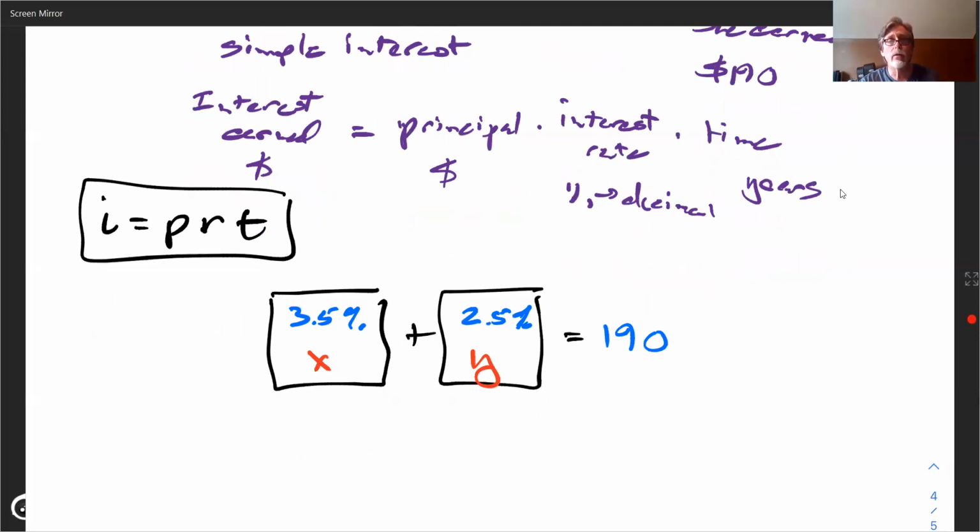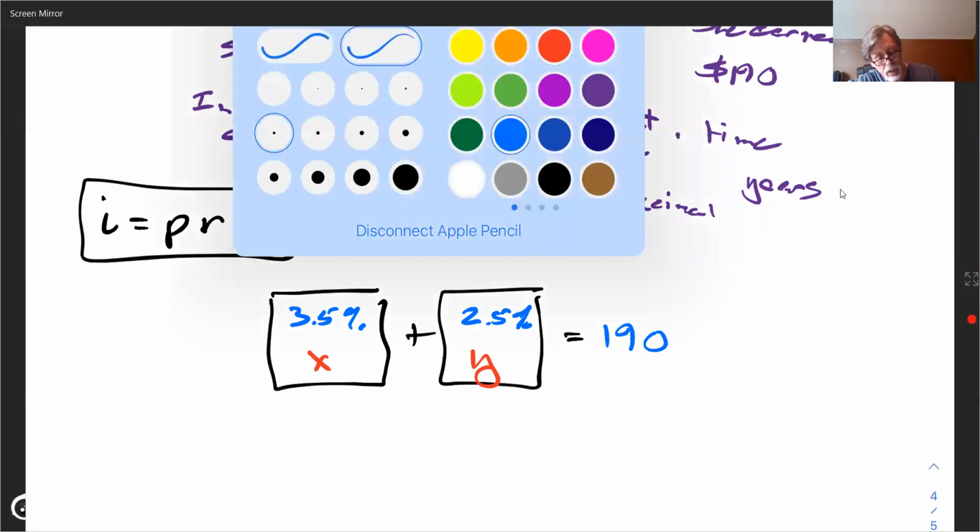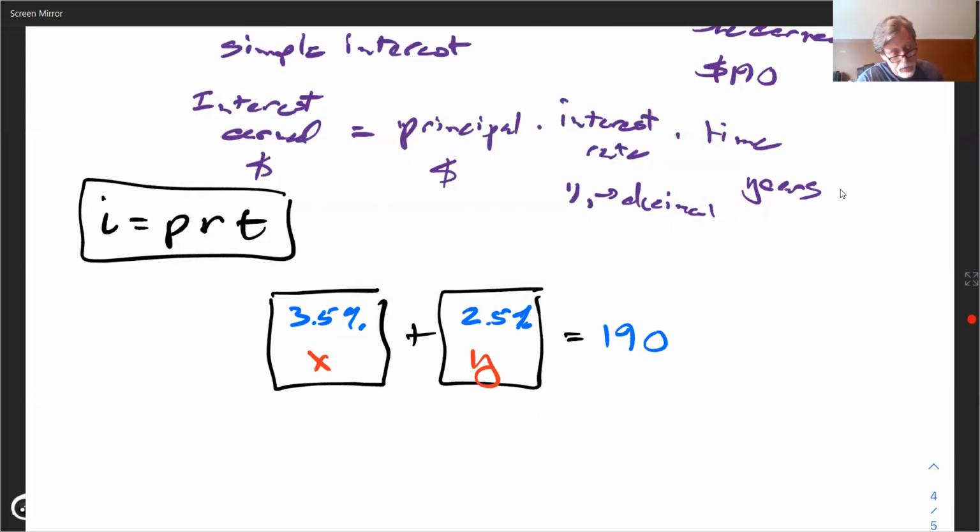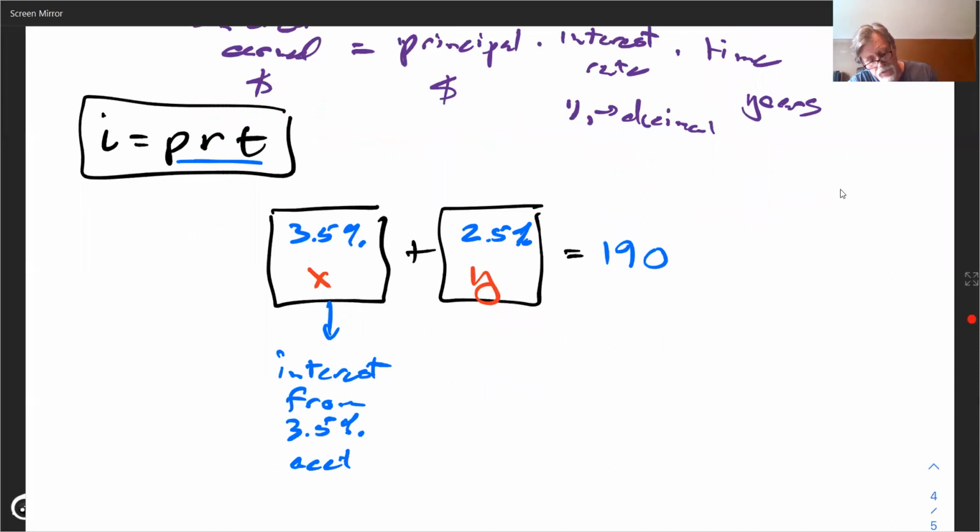This time, though, there's really only one equation in the table, and that equation is found by going, if I use this formula on each one, we're going to compute interest. The interest from the 3.5% account, if I add to that the interest she earned from the other account, which is 2.5%, it's equal to the total interest.